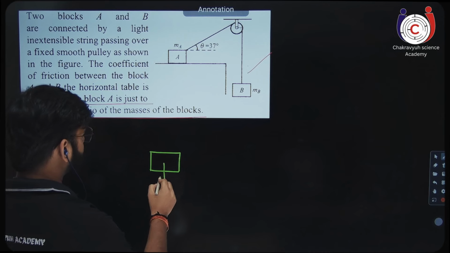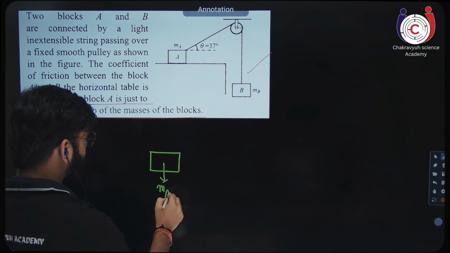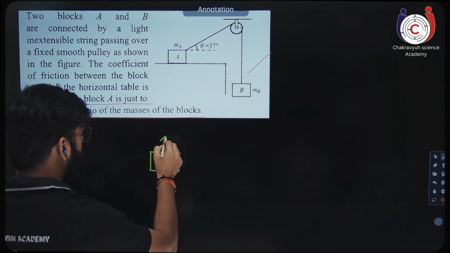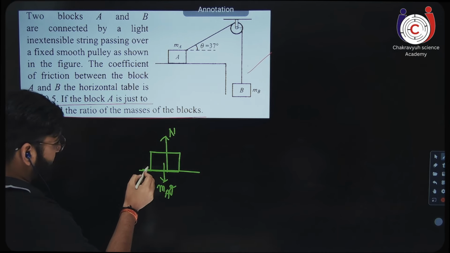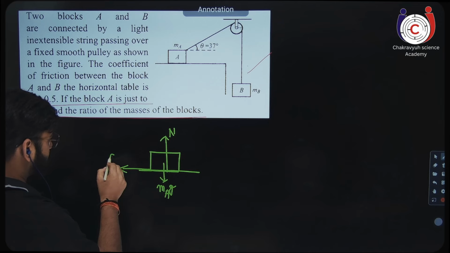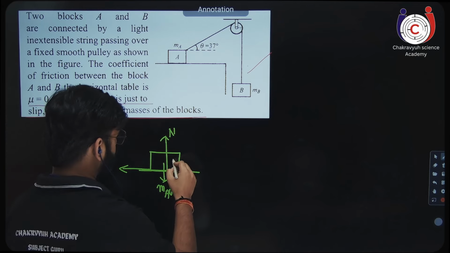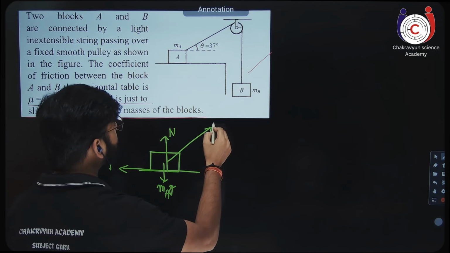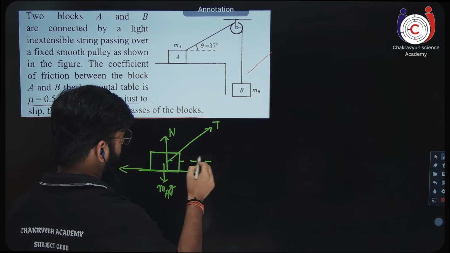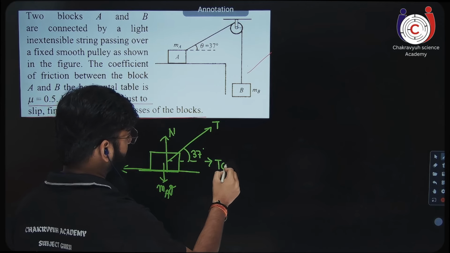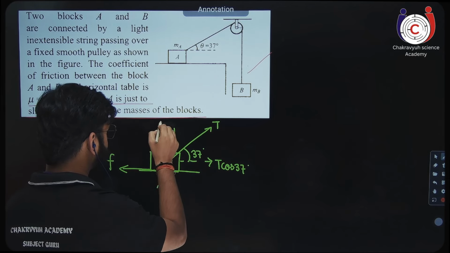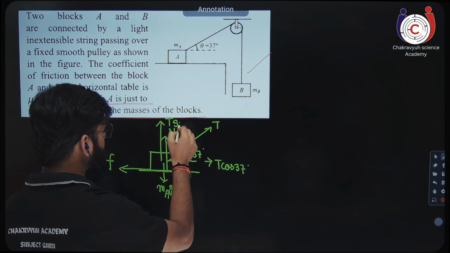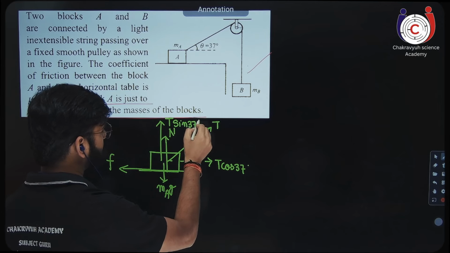So for block A, the weight will be MAg, the normal applied by the ground. Friction will be in which direction? Left. It will have a tension T. This angle is 37, so the horizontal component will be T cos 37, and the vertical component will be T sin 37.